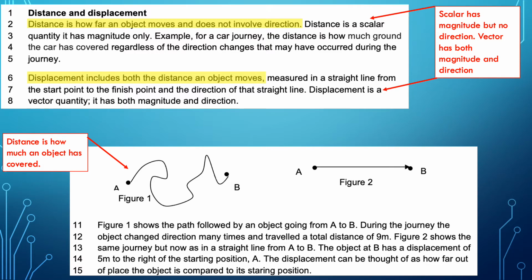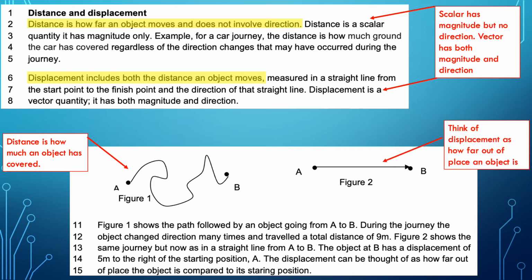And so basically, if you took that line that goes from A to B and you straightened it out, you would get 9 meters. And that's how much distance you traveled. It doesn't take into account any direction changes and stuff like that. But if you look at figure 2, it's very straightforward. It goes from A to B, it's a straight line. And that would be your displacement, okay?